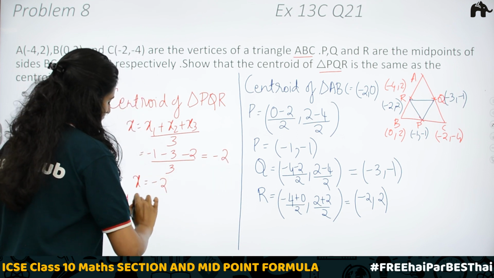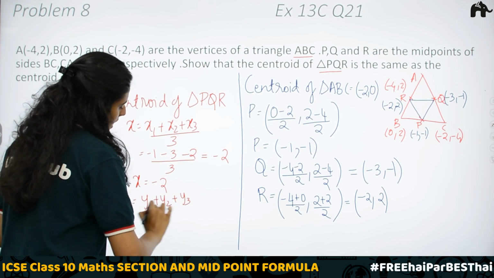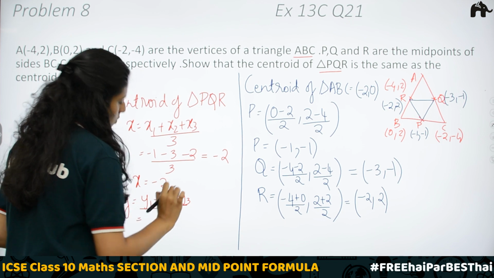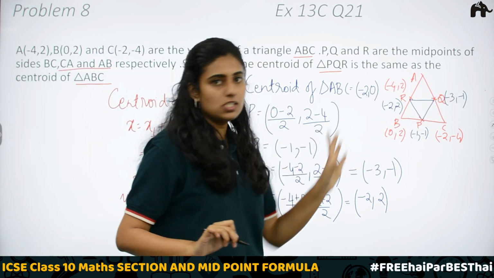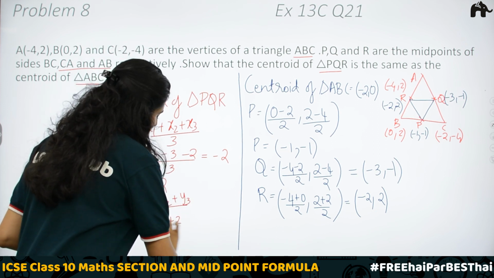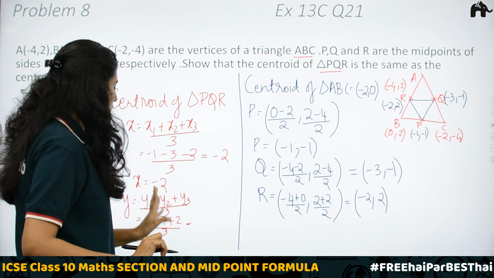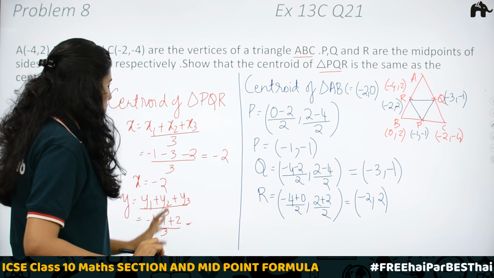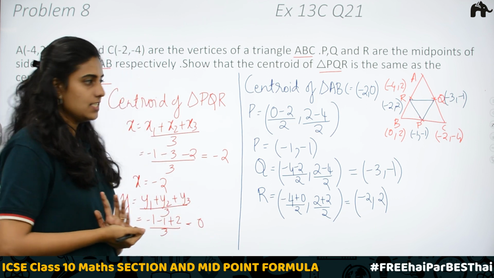Now the y coordinate, (y1 plus y2 plus y3) divided by 3, where y1 is -1, y2 is -1 and y3 is 2. (-1 - 1 + 2) divided by 3, that is equal to -1 minus 1 is -2. -2 plus 2 is 0. 0 divided by 3 is 0. The y coordinate is 0.